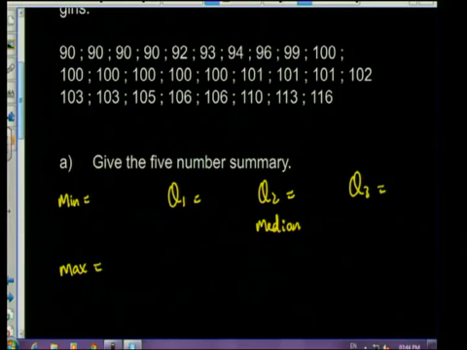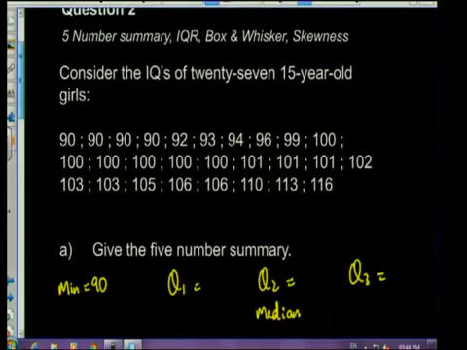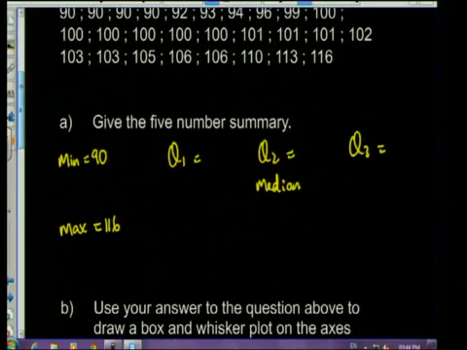So it's the minimum, and then the 3 cuts to divide your data into 4 equal partitions, and then the maximum. So this is sorted. So this is really great. Minimum, 90. Maximum, 116. Now I'm already getting myself some marks. There were 27 students. Okay, so remember that if n is 27, to find the position of the lower quartile, remember we're talking position, not the value.